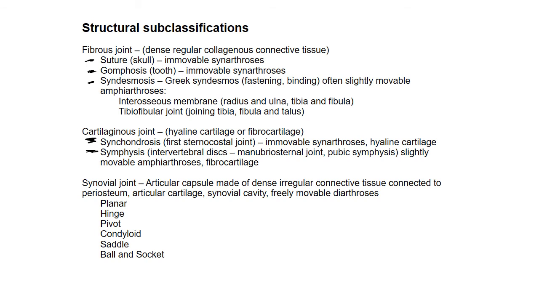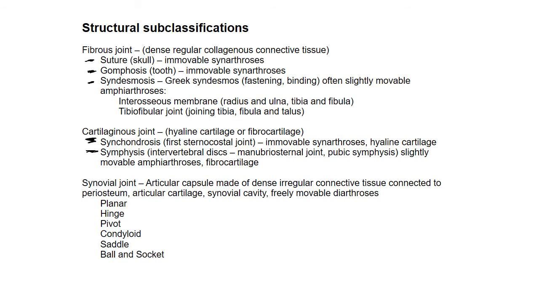A pivot joint, a good example is when you say no, you shake your head back and forth. It's the second cervical vertebra with the dens, the odontoid process, sticking up inside of cervical vertebra 1, and it allows your head to swivel back and forth. Condyloid joints have a sort of curvature to them, and they slide back and forth across each other.